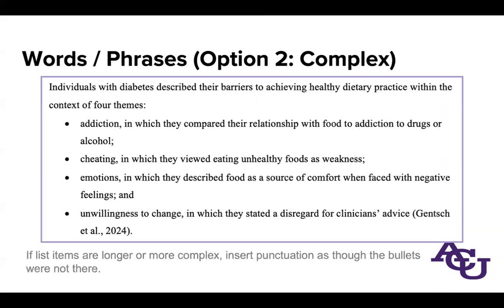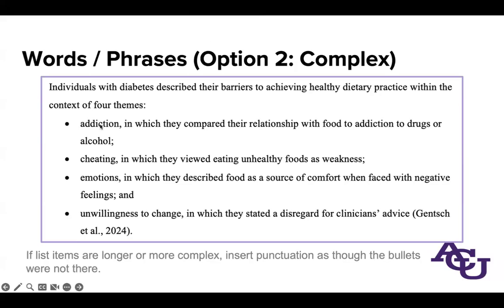The other option we have when writing a list that consists of words or phrases is to punctuate the list as though the bullets weren't there at all. So let's look at an example of this with a more complex list. Individuals with diabetes described their barriers to achieving healthy dietary practice within the context of four themes.